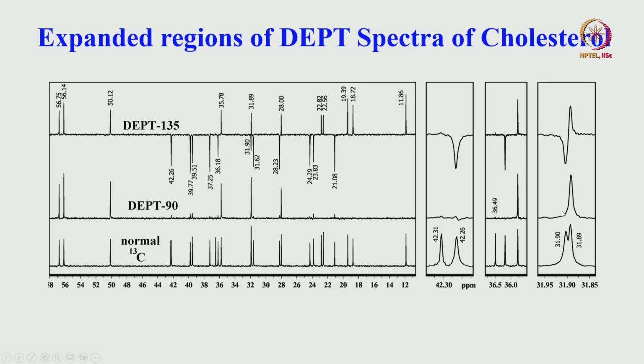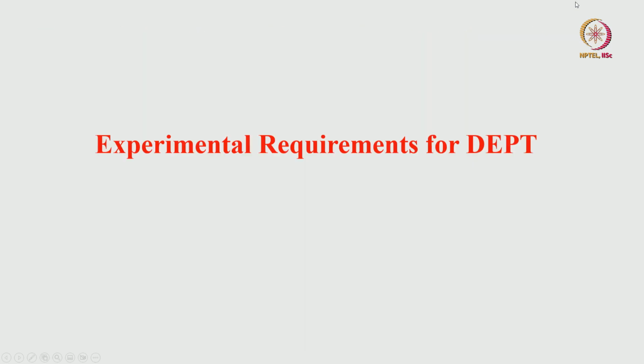You do not know. So, chemical shift information alone will not be able to tell you which carbon this is. But in the DEPT experiment, I am able to simply take care of this. I can say which carbons are attached to a single proton, 3 protons or 2 protons. All CH2s will be negative in intensity with DEPT 135, all CH and CH3s are positive intensity. That is how it is.